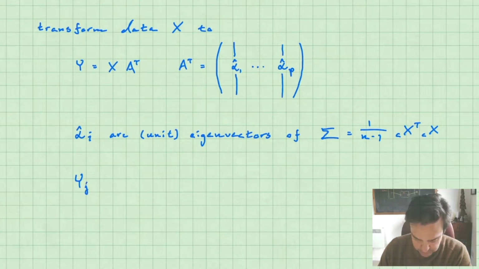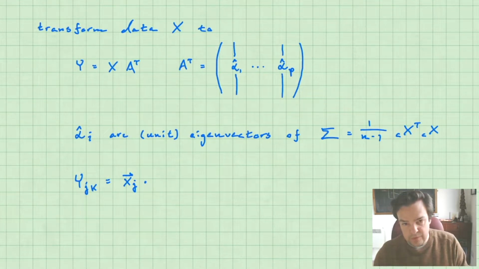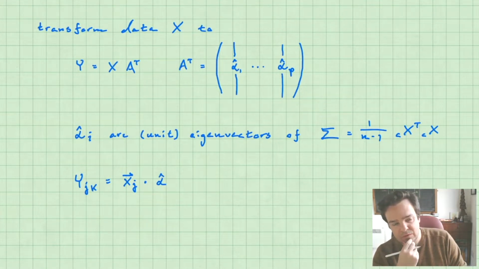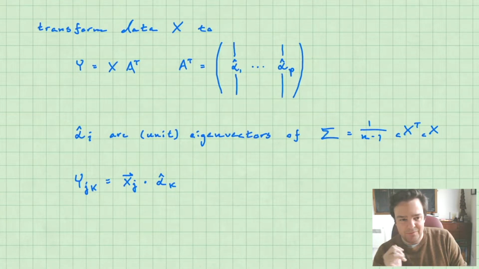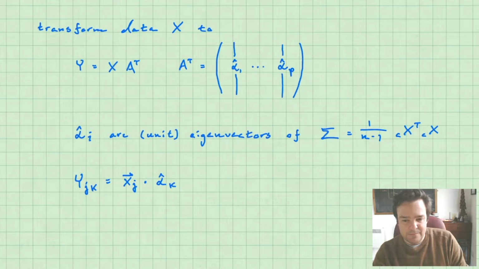So it's the dot product of row j of the matrix X with eigenvector k of the covariance matrix. And again, the eigenvectors are ordered in decreasing order of their corresponding eigenvalues.